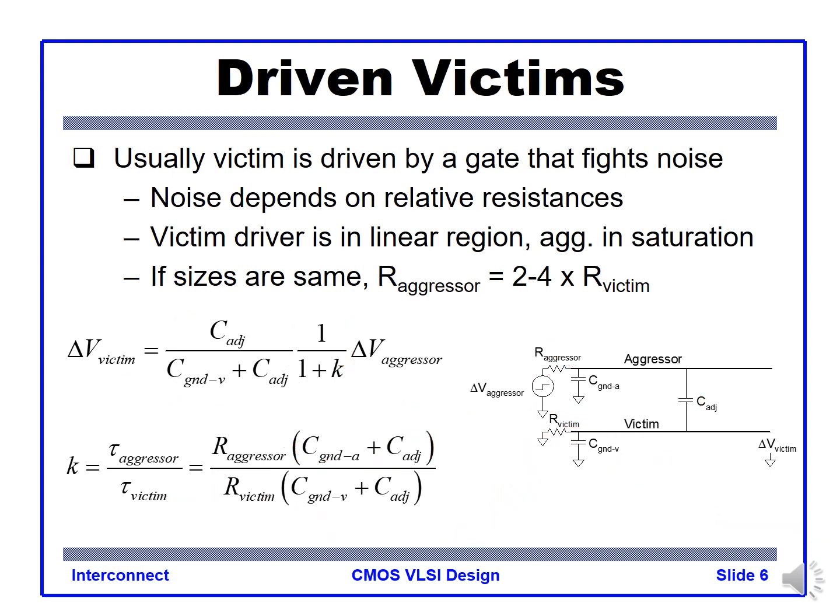In the previous case, I explained that the victim will move up and then go down by the time constant. In that time constant calculation, I did not take into account this C adjacent. So tau should be R victim times C_gnd V plus C adjacent. It should be like that. Why? Because here we don't see the Miller effect: once the aggressor settles to its final value, it looks like an AC ground.